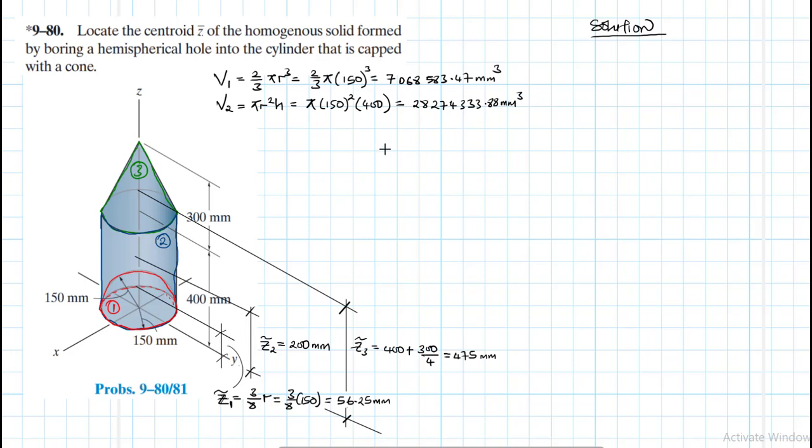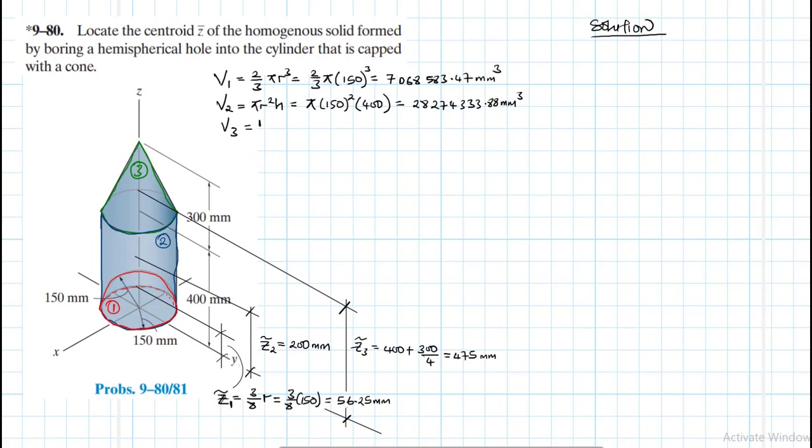Okay, very big number. Let me just check this again in case I made an error. 28,274,333.88. Great. Then volume 3, this cone, what's the formula for the volume of a cone?